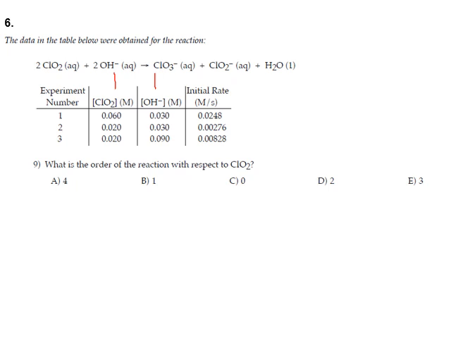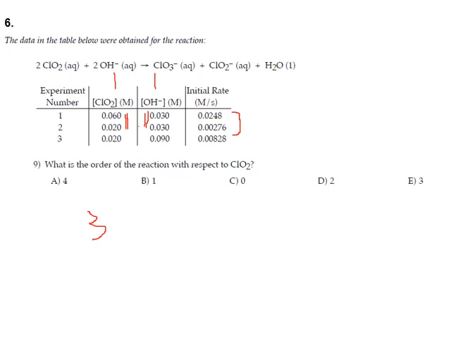So we're changing ClO2 here, but they're doing it in a different direction. They're making it go from down to up, and we're keeping OH minus the same. And here, keeping the OH minus the same, what we're doing for the ClO2 is we're actually tripling it. So 3 is going to be our base number, and we're going to look at the rate and see what power we would have to raise 3 to get a corresponding increase in the rate.